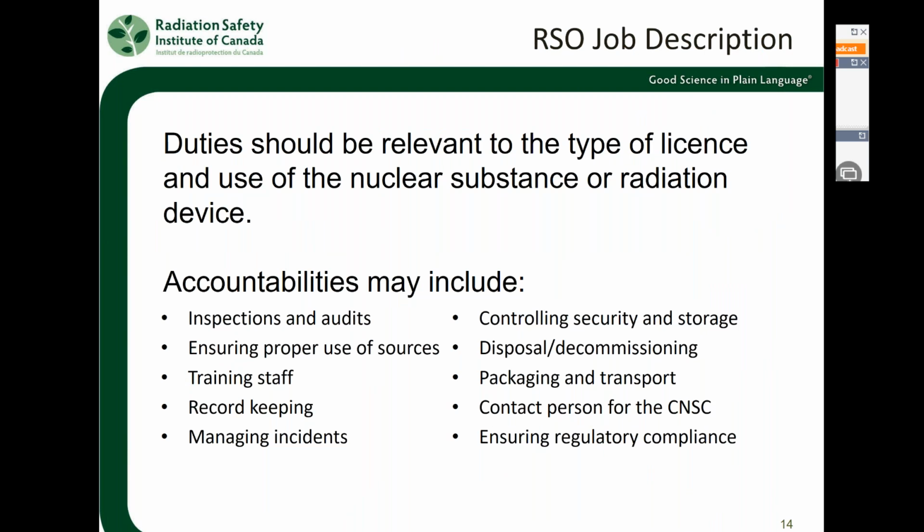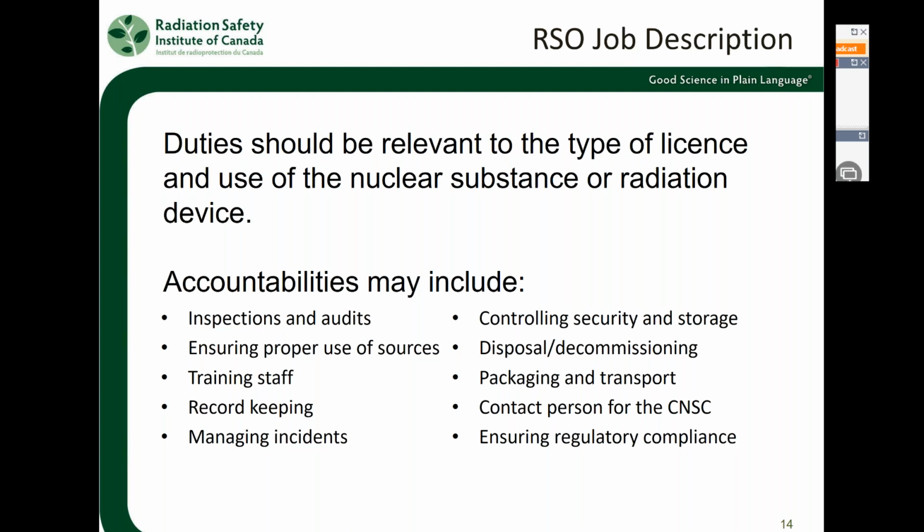So the RSO has a big job, and part of the Radiation Safety Manual is to outline what the duties and responsibilities of the Radiation Safety Officer are. A good place to start with this is the License Application Guide.